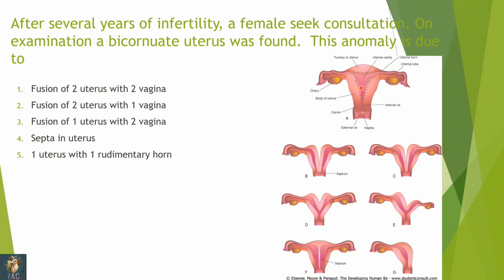These two paramesonephric ducts fuse and normally form the single cavity of the uterus. If there is incomplete fusion of the paramesonephric ducts, it will lead to two separate uterine horns which meet one vagina, and this anomaly is called the bicornuate uterus. So in this case, option 2 is correct, that is fusion of two uteri with one vagina. Either way, the cause is the two paramesonephric ducts which do not fuse, develop separately and open separately into the vagina.